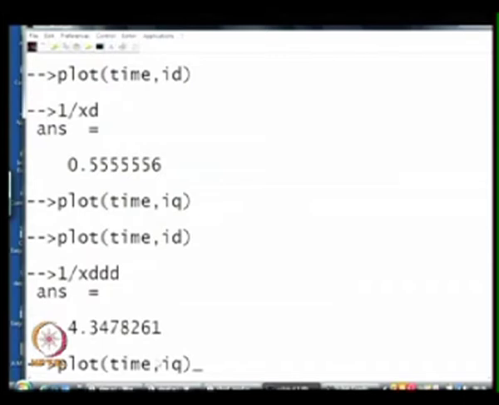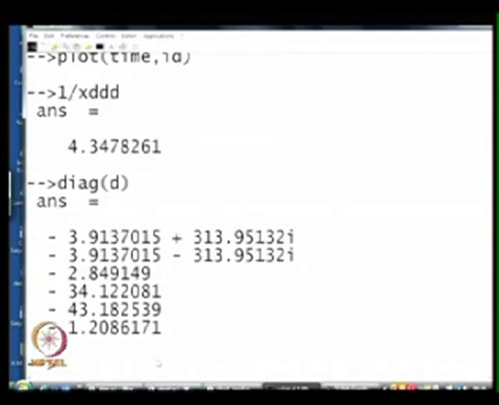Now, one of the things you will notice in the eigenvalues corresponding to this, we will just see the eigenvalues again. You find that there is a clear separation of eigenvalues. If you look at the eigenvalues, the first two have a very large magnitude, and the imaginary part is in fact equal to omega, the rated speed of the machine.